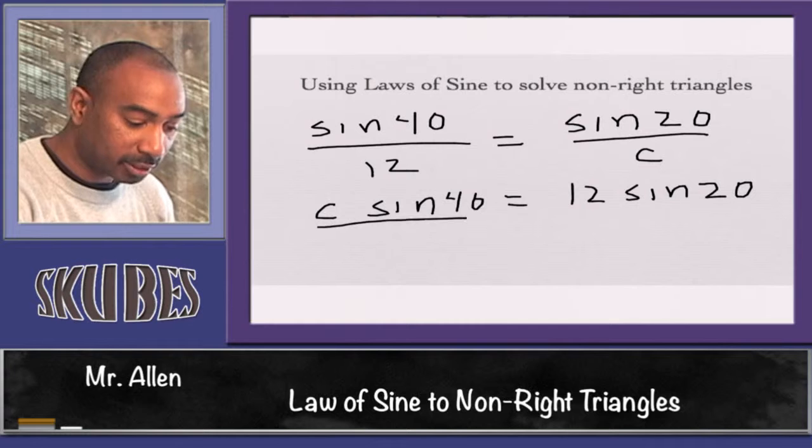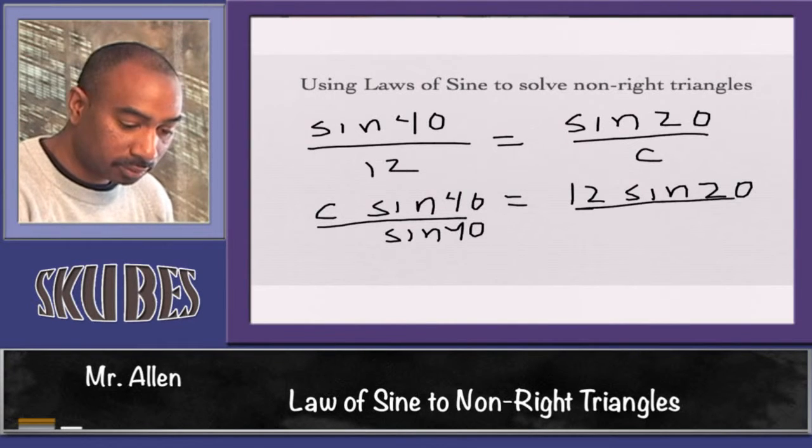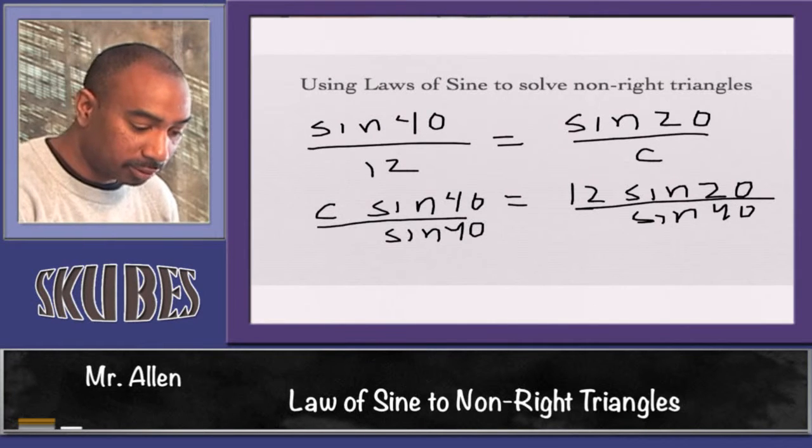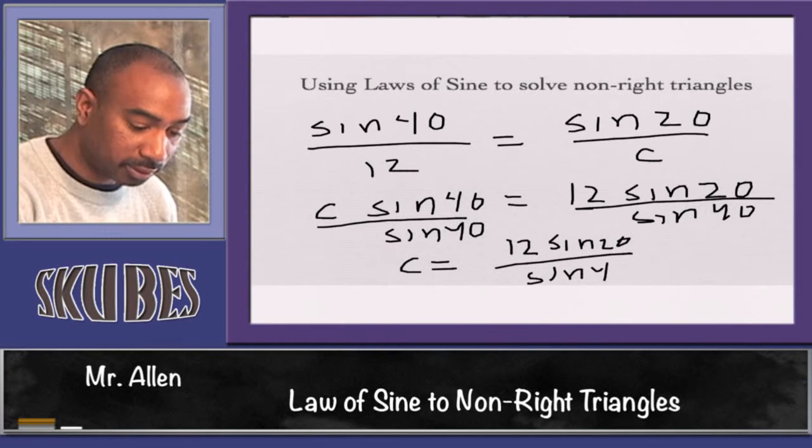And if you divide both sides by sine of 40, you're going to get c is equal to 12 sine of 20 over sine of 40.